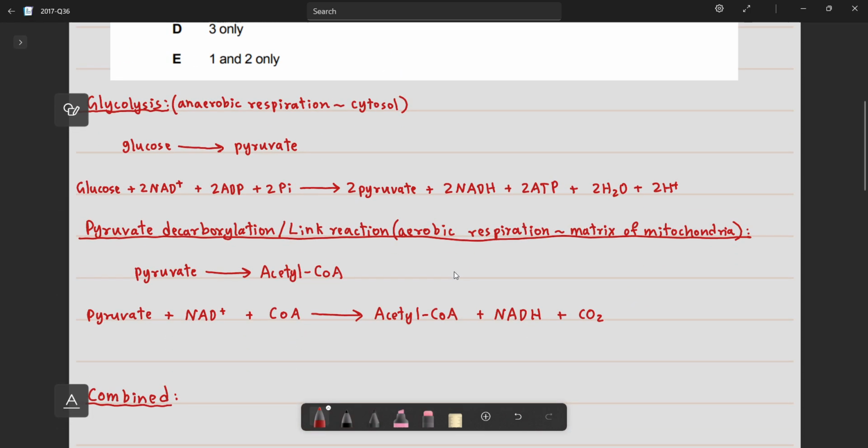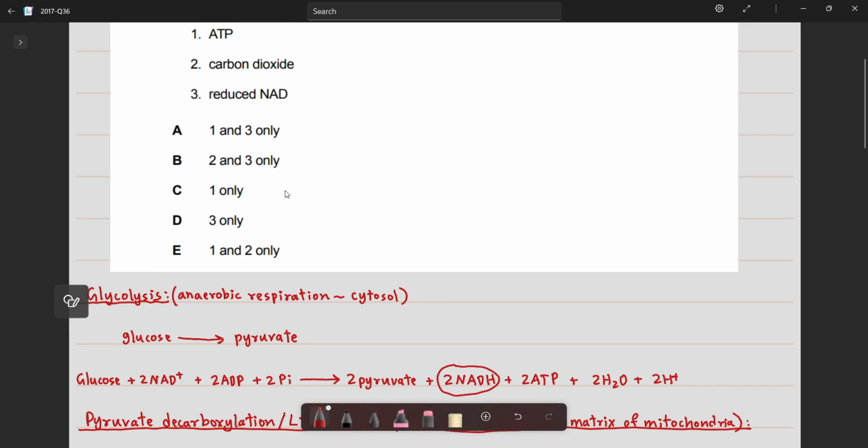So now we can circle it out easily that we have NADH, NADH over here as well. So we have no other products similar in both reactions. So it's NADH, reduced NAD. So the only common product is reduced NAD. So the only correct option is option D, which is 3, and reduced NAD.